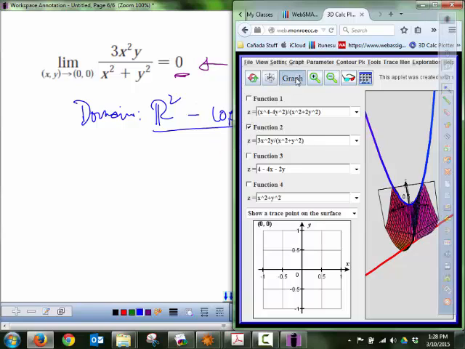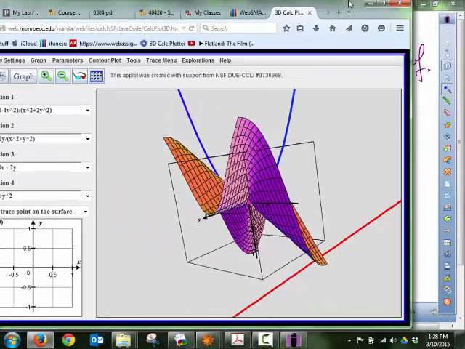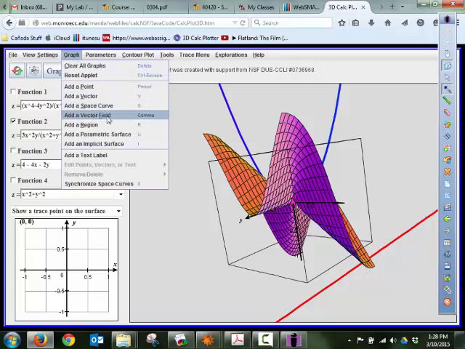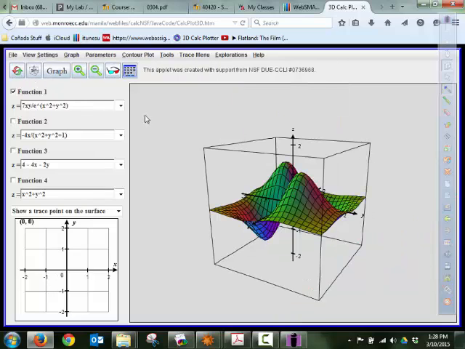I wonder if those space curves are still there. Get rid of them. How do I get rid of them? There it goes. Ah, reset.